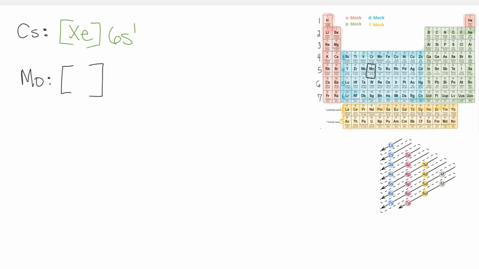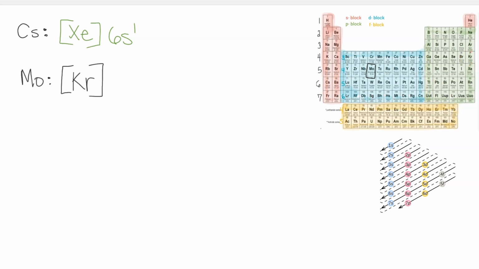I have seen a lot of perfect answers here. If we go back before molybdenum, we jump up to row 4, and the noble gas that comes before molybdenum is right here, Kr, krypton. So in our brackets, we're going to put Kr. Okay? So after krypton, we need to do the rest of the configuration that comes after krypton.